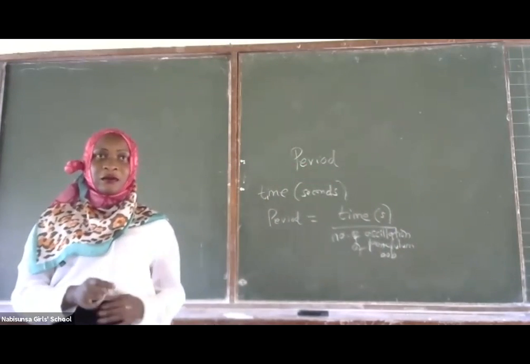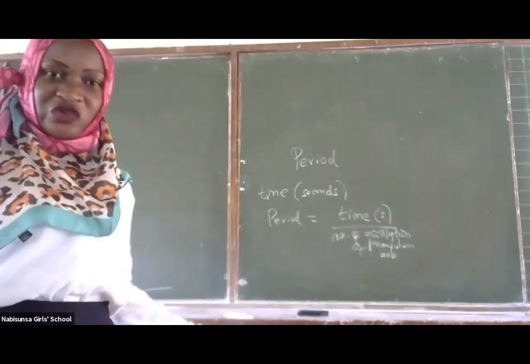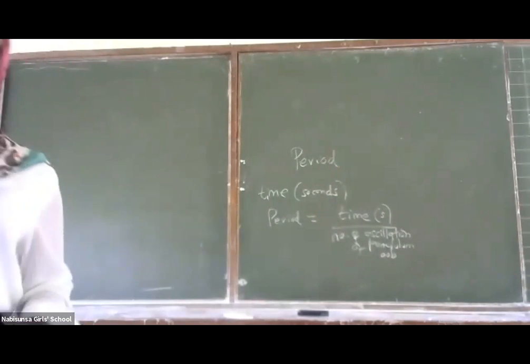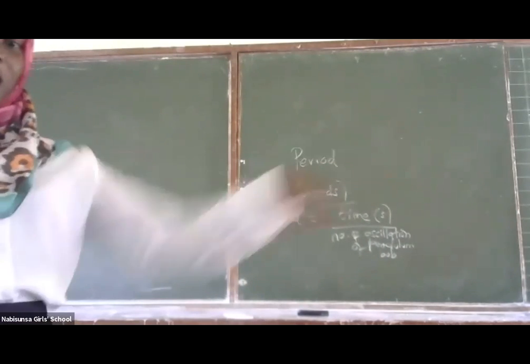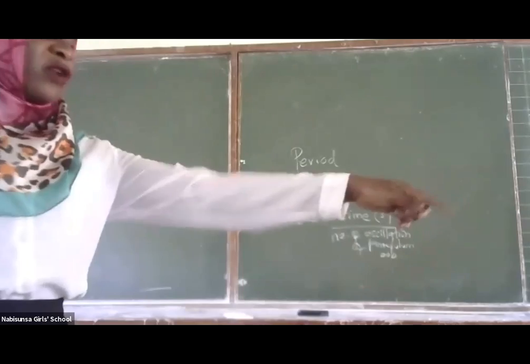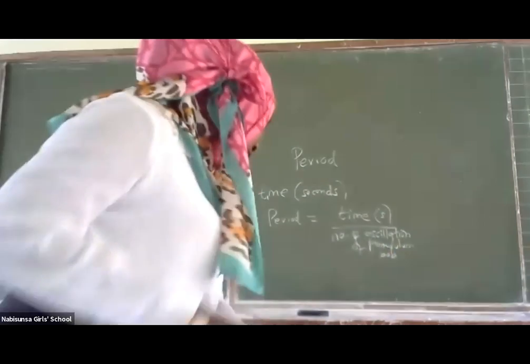Can you please explain the meaning of oscillation? Oscillating is that swinging of the pendulum side to side. We use the term oscillating to mean that movement of the pendulum bulb that you saw side to side.